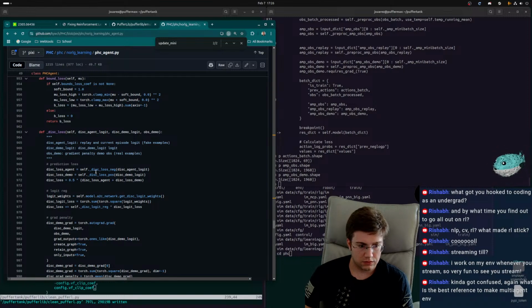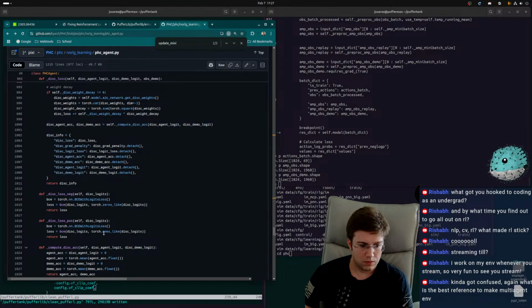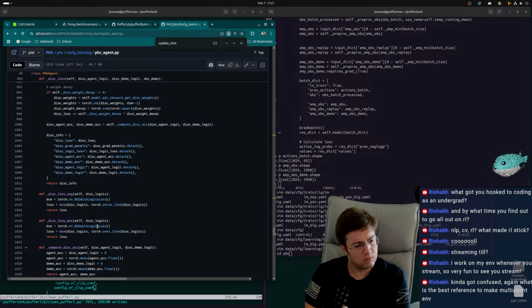Disk loss, neg, disk loss, pos. It's negative 1 to 1, because it looks like they're trying to bound it to 0 and 1 here.